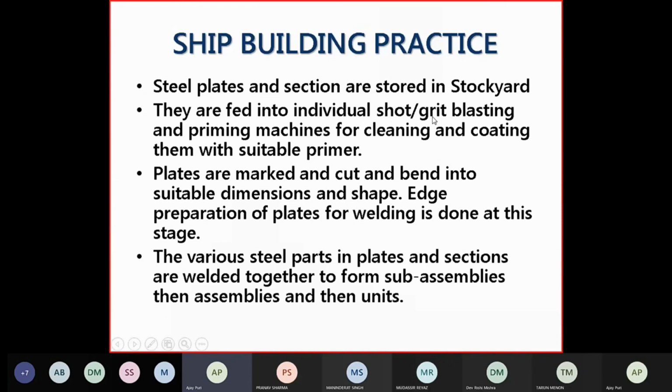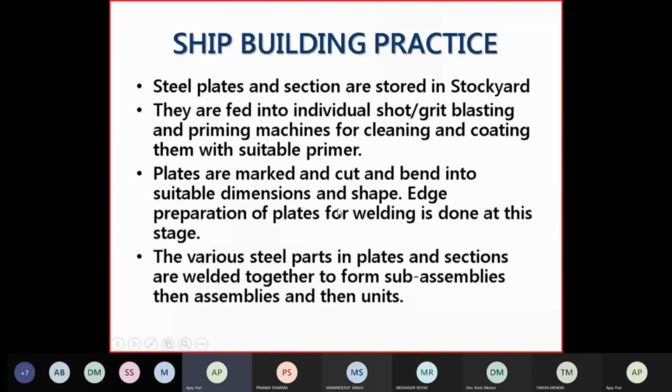Shots are basically steel balls. At high velocity, they are blasted on the steel so that the rust is removed, then it is cleaned by air, the suitable primer is applied, and it's dried, and then the plates are marked and cut and bent as per the dimensions and shapes required.